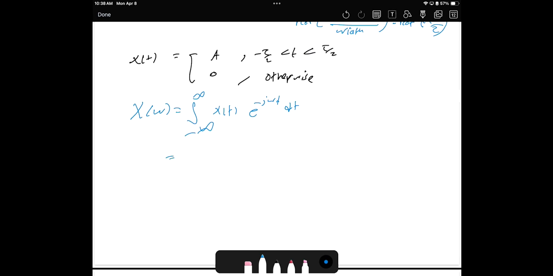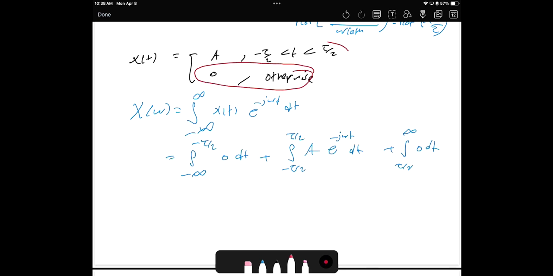Basically, it will be the integral from negative infinity until negative tau over 2 of 0 dt, plus the integral from negative tau over 2 until tau over 2 of x of t, here equal to A, e to the power negative j omega t dt, plus the integral from tau over 2 until infinity of 0 dt. Why did I make it like this? You can put 0 otherwise, because the pulse happens only between negative tau over 2 and tau over 2.